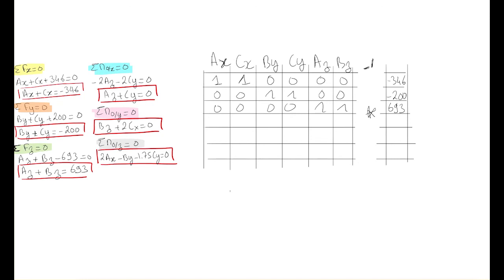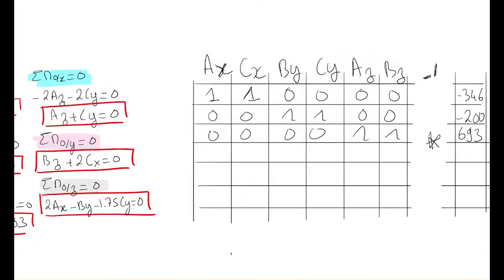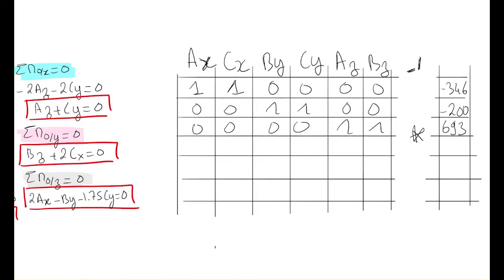Now the equations of moment. We have 0 AX, 0 CX, 0 BY, 1 CY, 1 AZ, 0, equals 0.